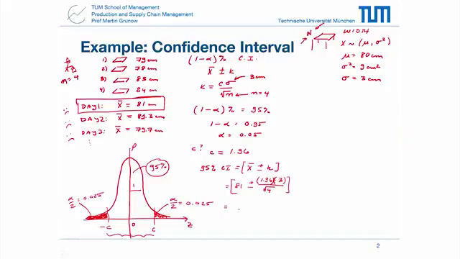And when we do that, we're going to get 81 plus or minus 2.94, or 78.06 and 83.94.